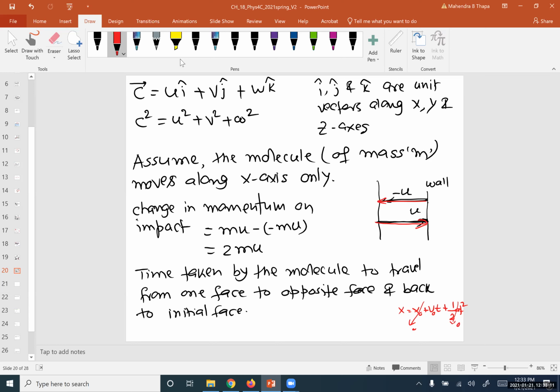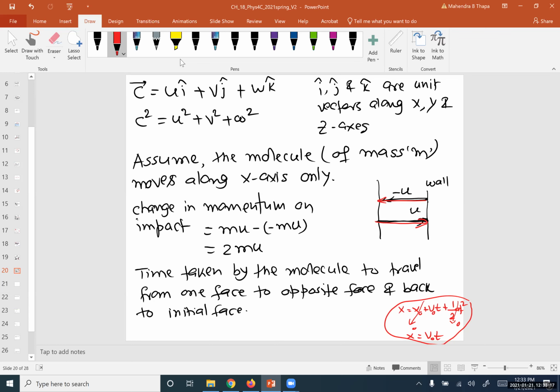So you can use only x equals v naught times t. Based on that, I can write this time will be equal to 2L over u. Okay, so you figure out that time.